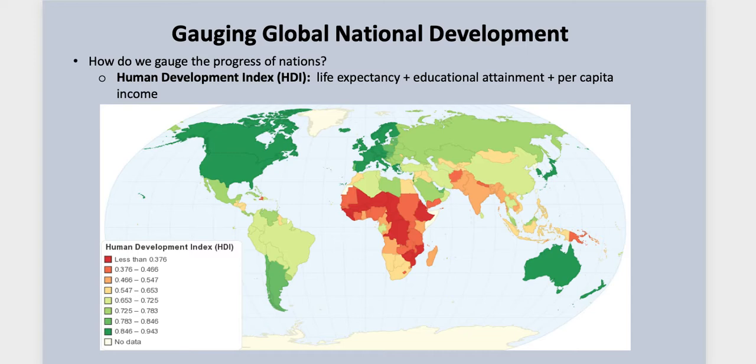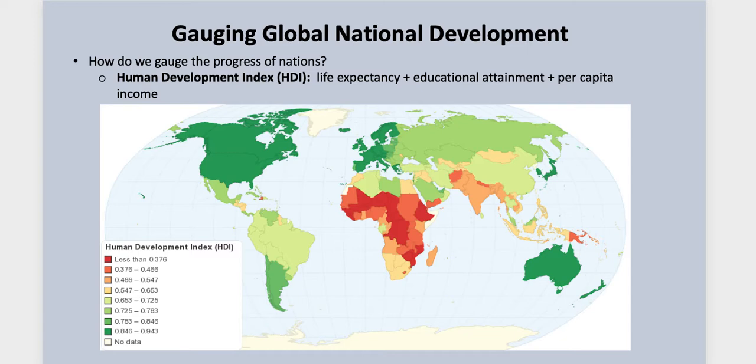I'm not sure, but another way, aside from the Gini index, to gauge the progress of nations is the Human Development Index. And this in some respects could be more meaningful, because what it does is take life expectancy, educational attainment, and per capita income and combine them as measures of well-being.